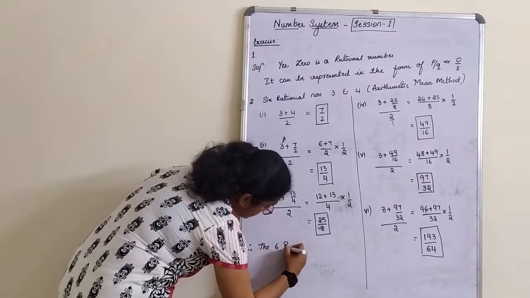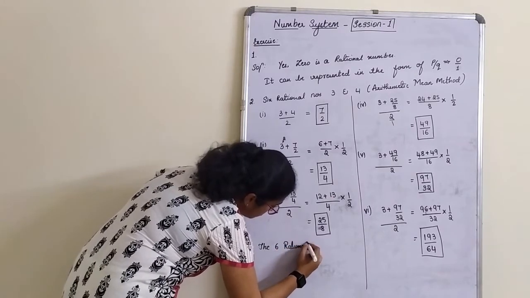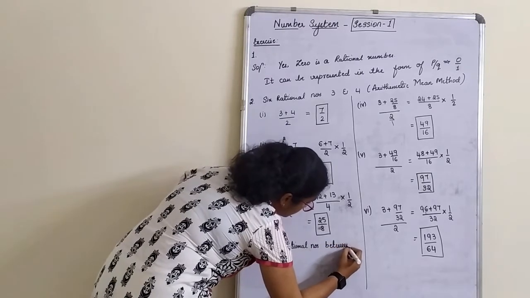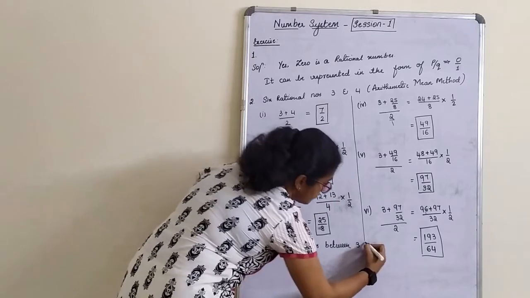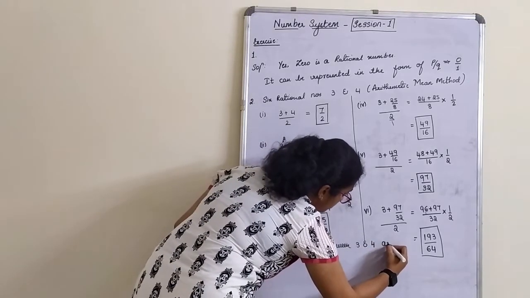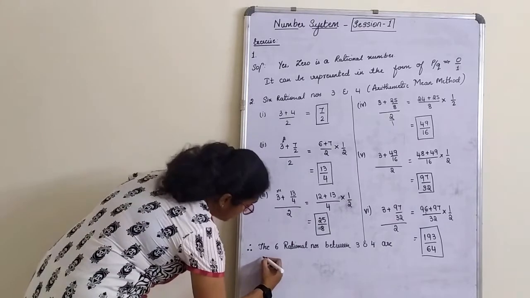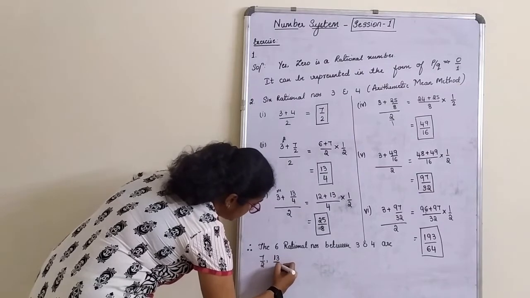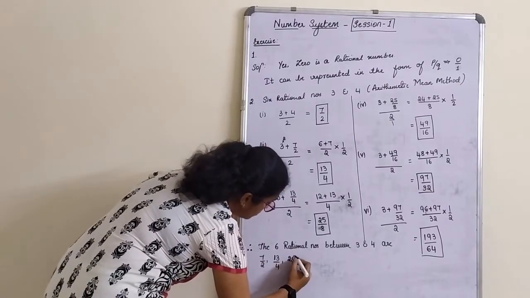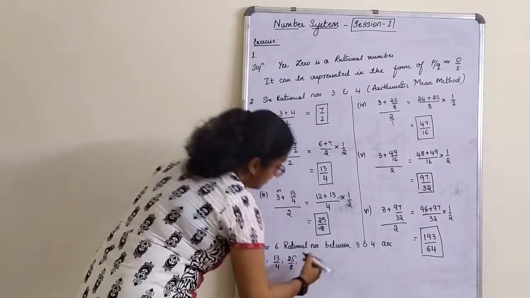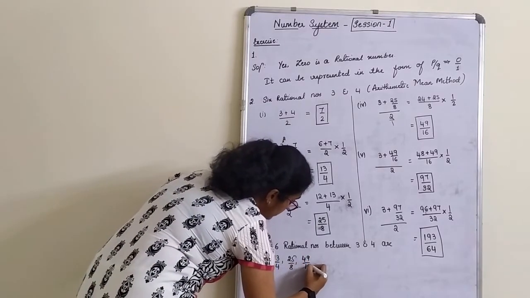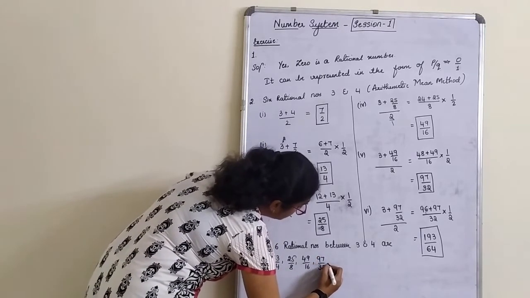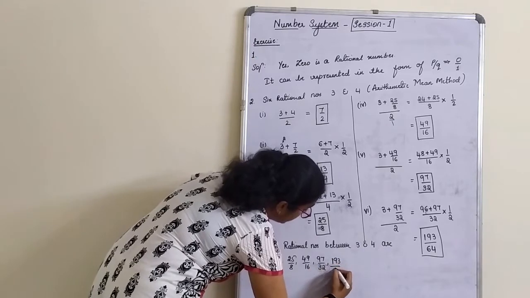The 6 rational numbers between 3 and 4 are: first one is 7 by 2, second one is 13 by 4, next one is 25 by 8, then it is 49 by 16, then it is 97 by 32 and 193 by 64.